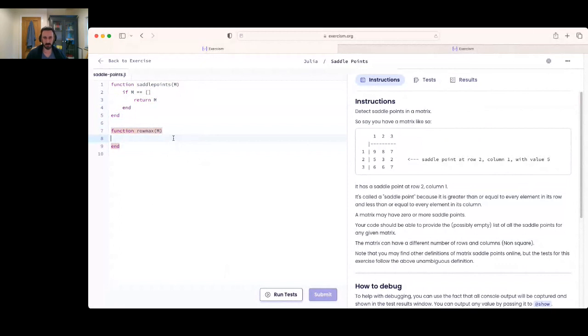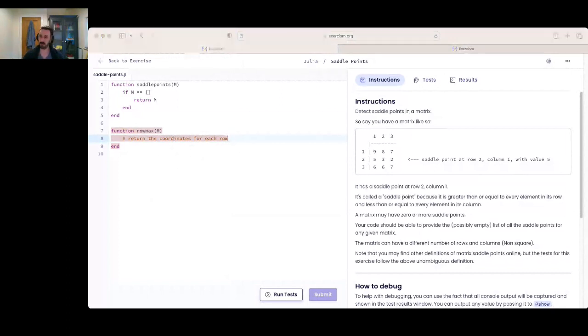So we want the maximum coordinates of each row. There's probably a function already that exists in Julia, like argmax or something, that does this. But it's not as fun just relying on things like that. It's much more fun to write your own.